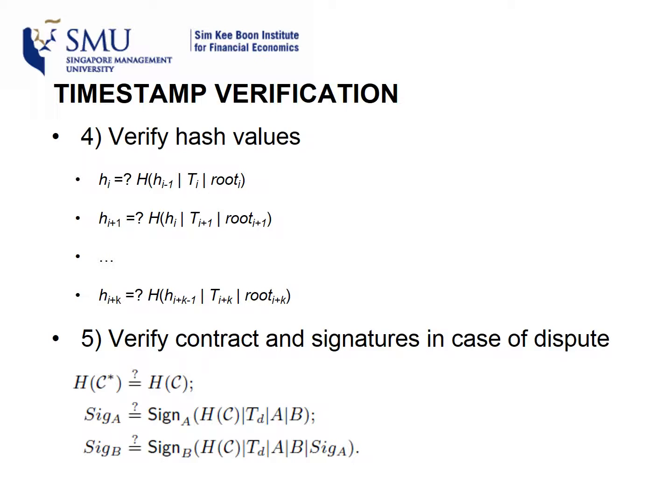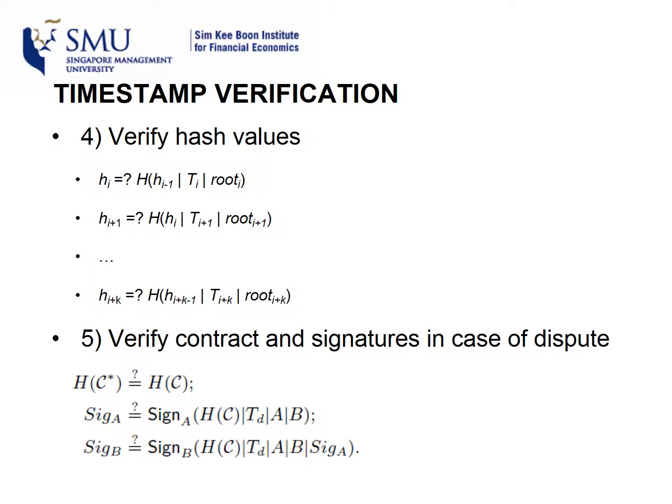If one can verify that all these equations hold, and remember that H(i+k) is published in the newspaper or the blockchain, then the signer can be assured that his contract has been correctly timestamped.